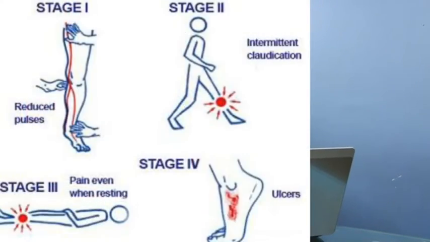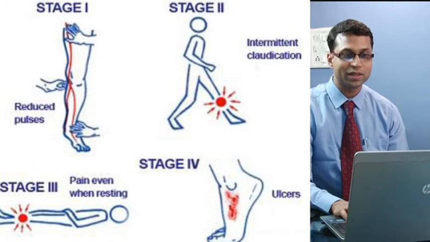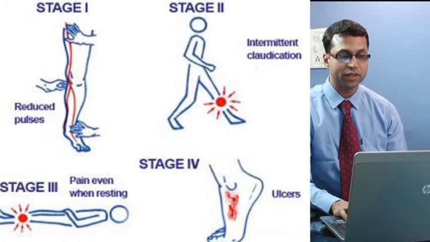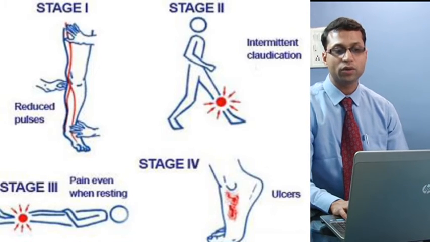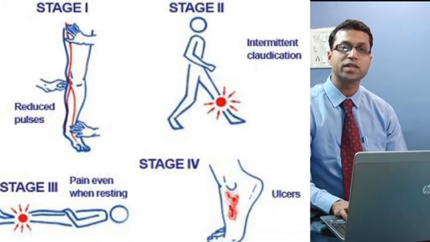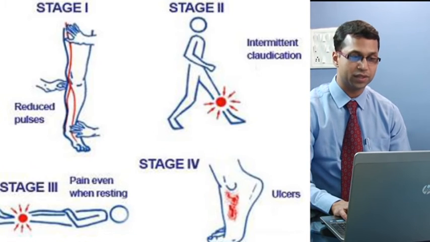Let's see the stage-wise warning signs and symptoms of peripheral artery disease. Look at this self-explanatory image which shows stage 1. While examining, your doctor will feel weak or absent leg and foot pulses.